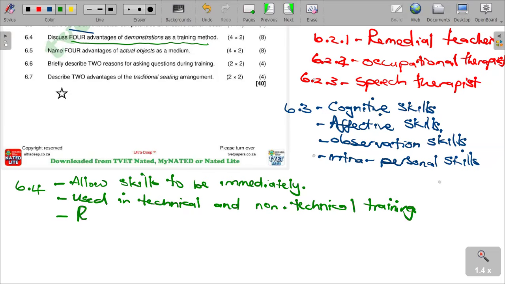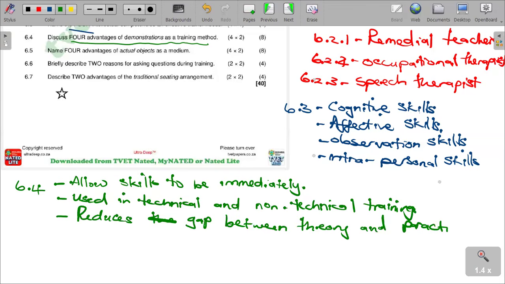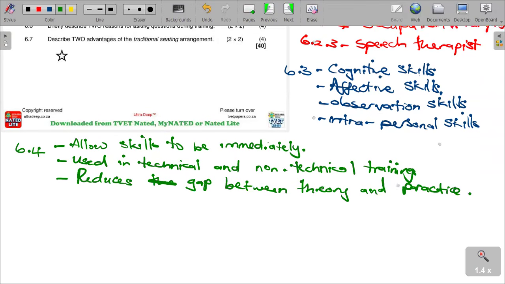It reduces the gap between theories and practice, right?